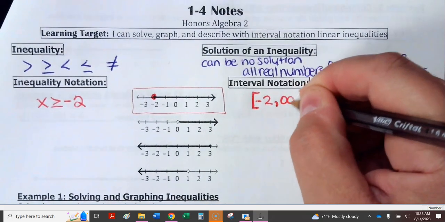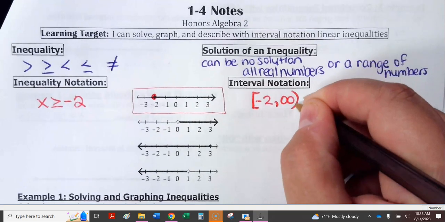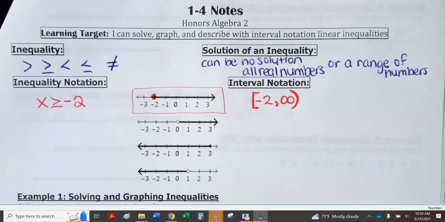Now, infinity is not a specific number because I can keep adding 1 every time and get bigger, bigger, bigger. So this never has a bracket with an infinity symbol. You're just going to use a parenthesis because you don't actually touch infinity. We can always get a bigger number by adding 1 to any number. So parentheses always around an infinity symbol.